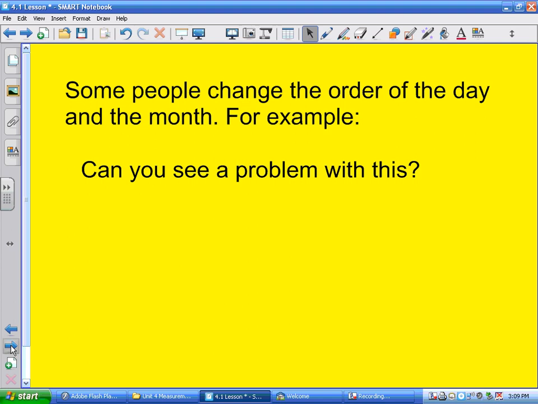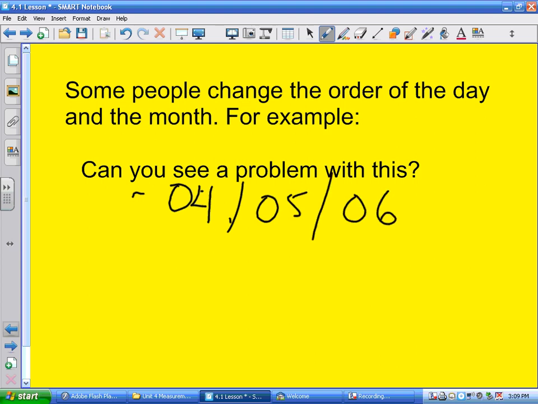Okay. Why is it a problem for this one? What about this one? 04, 05, 06. Why is there a problem with that particular one?